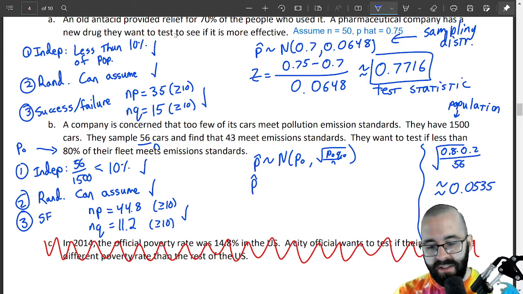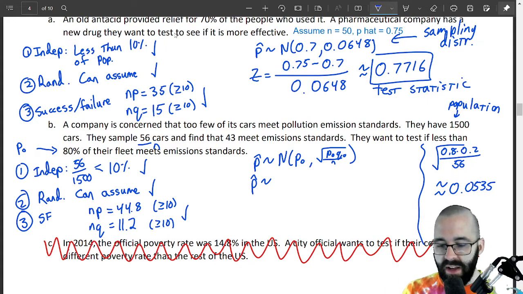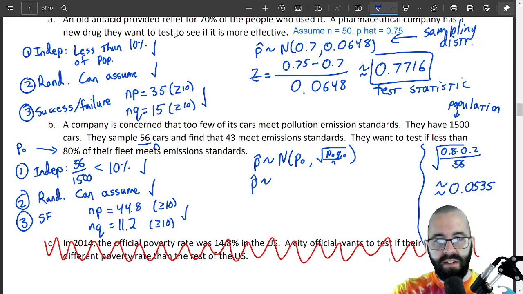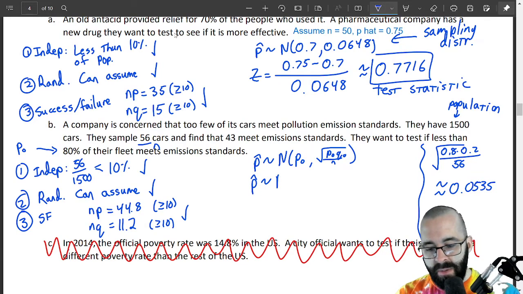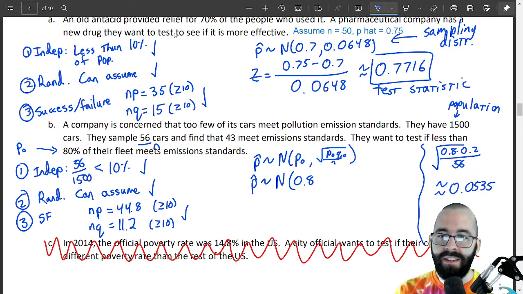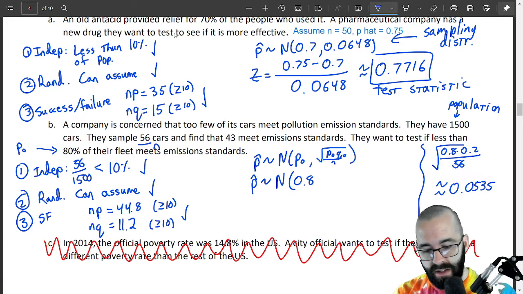Which means our sampling distribution, every time this company samples 56 cars, they're going to get a random number of cars that meet the emission standards. And that random number is normally distributed on average. If this assumption is true, 80% of those cars will meet the emission standards with a standard deviation of about 5%.